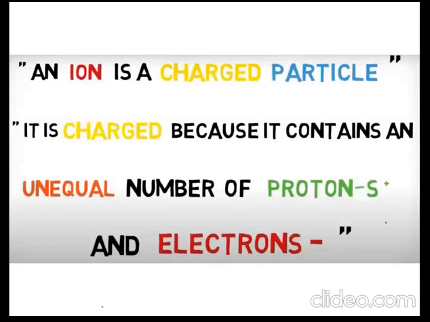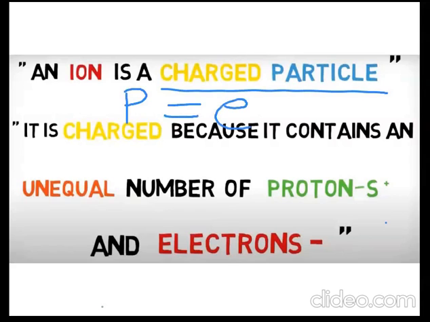An ion is a charged particle. An ion is not neutral like a neutral atom. It has some charge, which means the number of protons and electrons are not equal. So it is a charged particle.